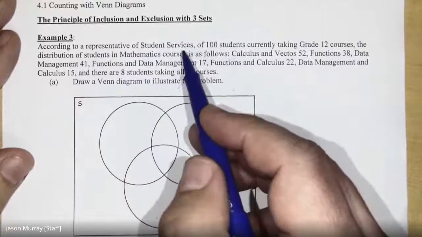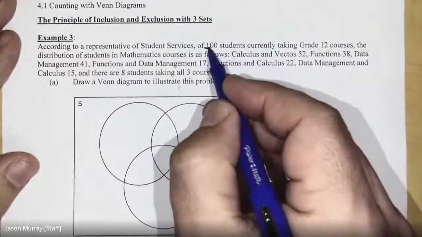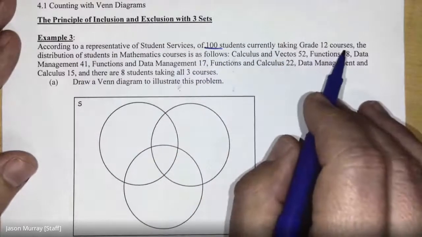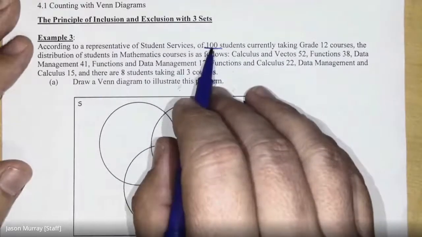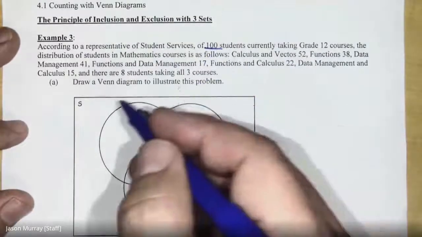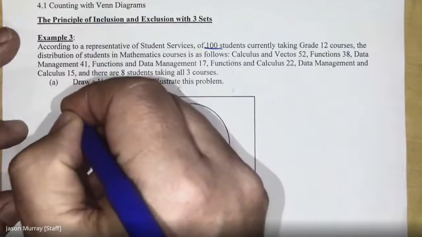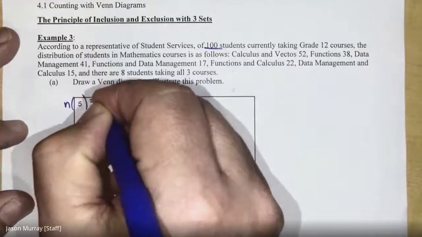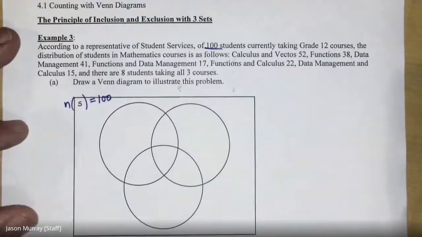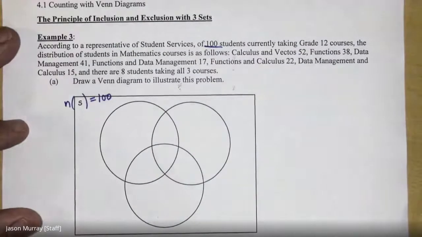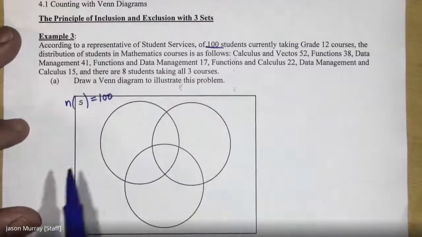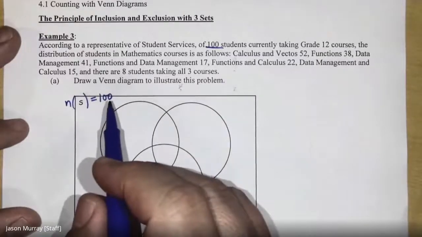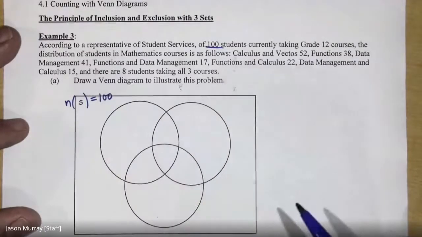Of 100 students currently taking grade 12 courses, I automatically know there are 100 students that have to fit in here somewhere. I'm going to write n(S) equals 100, for my brain to remember. There cannot be any more than 100.